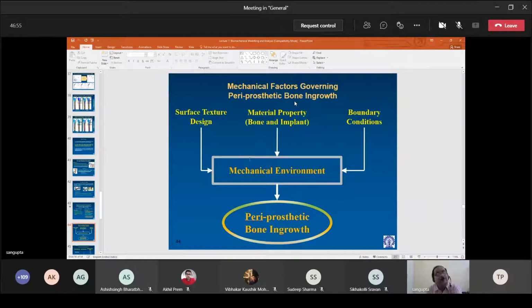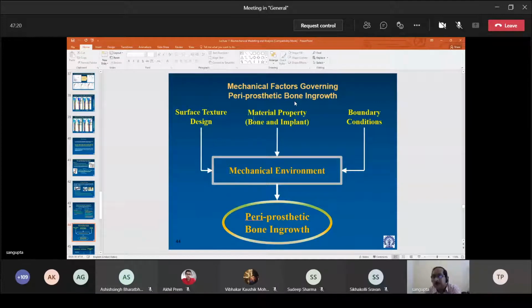Now, mechanical factors that govern bone ingrowth is, of course, the mechanical environment existing at the interface. Okay, so obviously you can understand that the surface texture design will influence the mechanical environment.